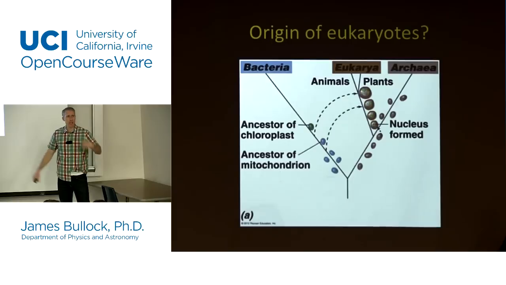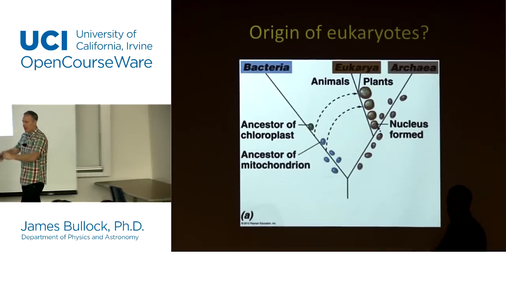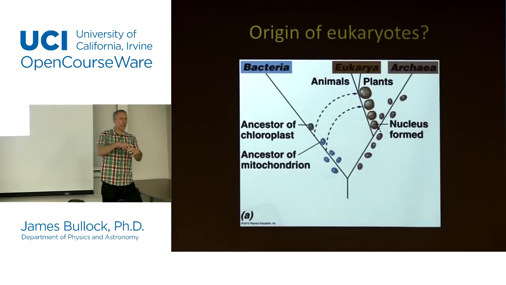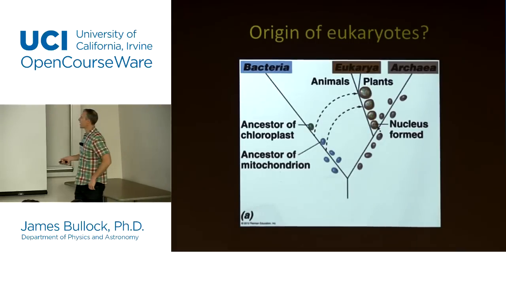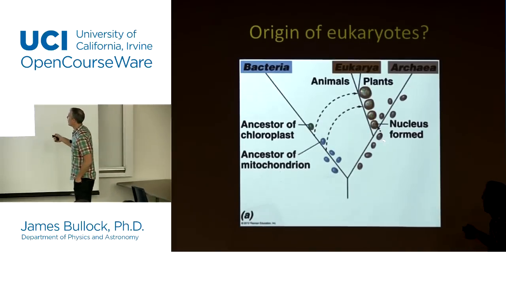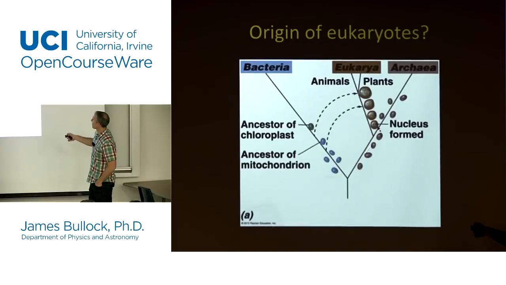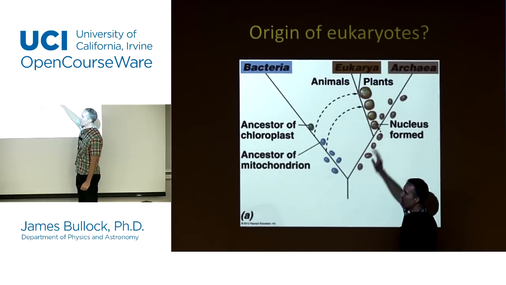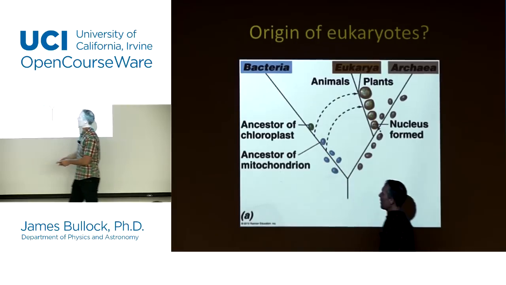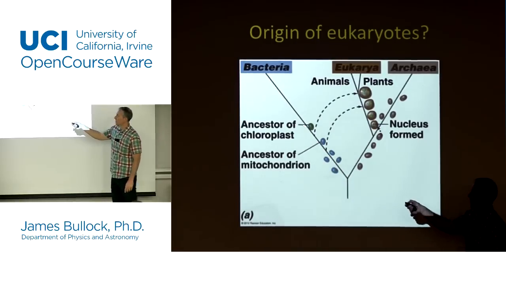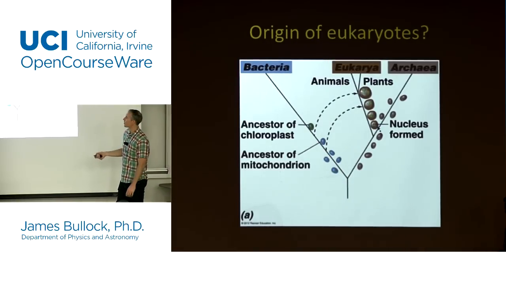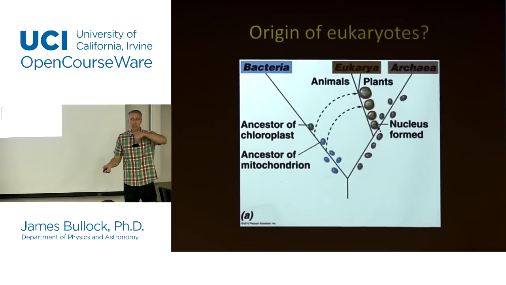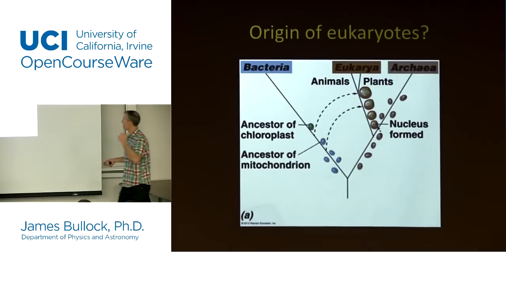How do you get to cells that have this sort of complex nuclei inside of them? Okay, and one of the ideas is basically there were these two branches. Okay, there was archaea, this one kind of class of sort of single-celled life. And then there's bacteria, for example, the ancestor of the chloroplast, the thing that gives rise to photosynthetic energy generation. Or the ancestor of mitochondria, which is something that we know exists inside, for example, our cells.